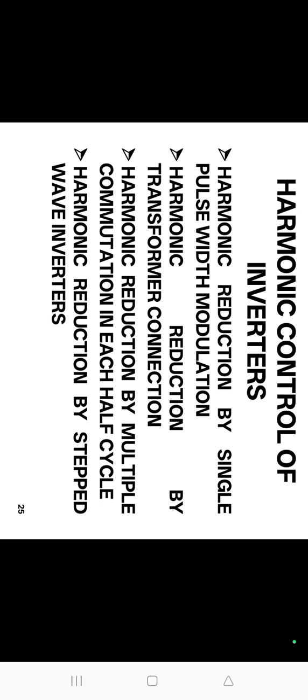Next one is harmonic reduction by using a stepped wave inverter. This method may be called wave stepping, in which pulses of different widths and heights are added to produce a resultant stepped wave with reduced harmonic content. Two stepped wave inverters are fed from the common DC input voltage.